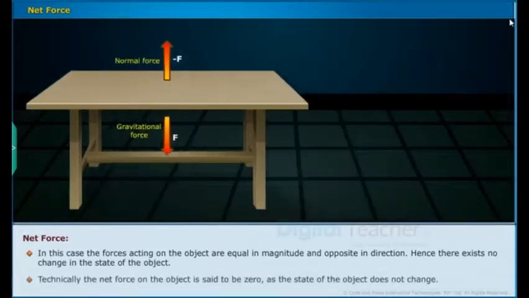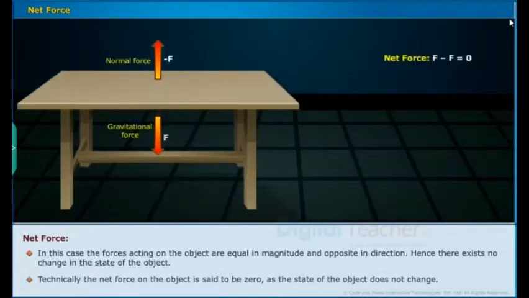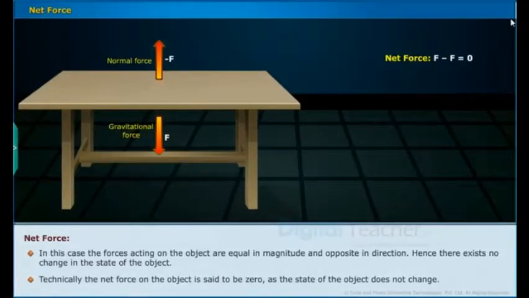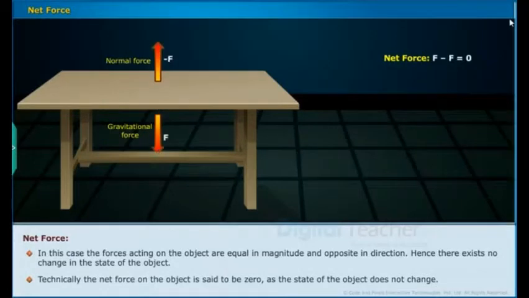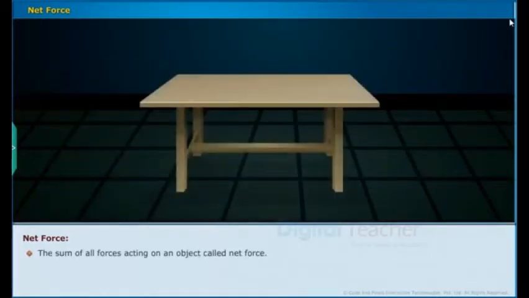In this case, the forces acting on the object are equal in magnitude and opposite in direction. Hence, there exists no change in the state of the object. Technically, the net force on the object is said to be zero, as the state of the object does not change. The sum of all forces acting on an object is called net force.